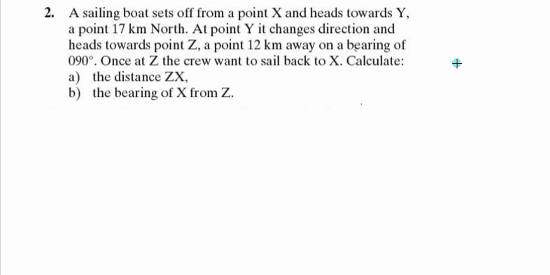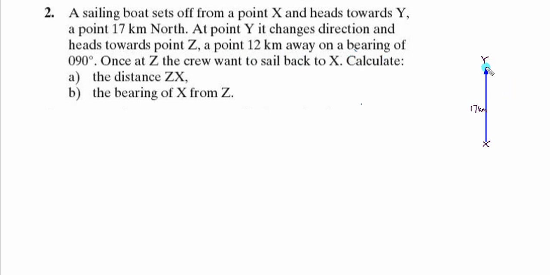What it's saying is, let's say this is the starting point X, and then going north is Y, 17 kilometers north. Then at Y, it changes direction and heads towards Z, a distance of 12 on a bearing of 90.